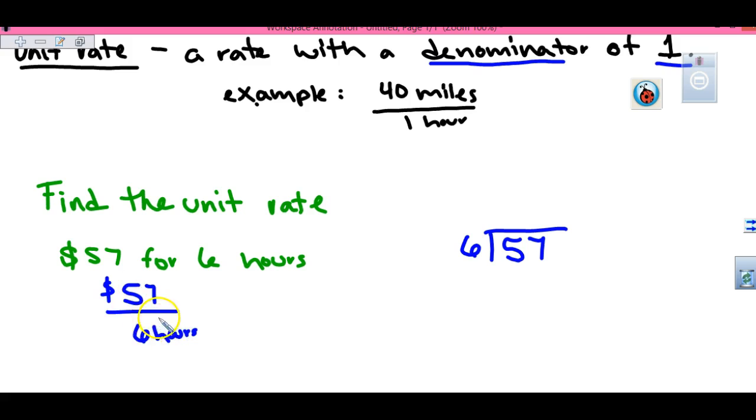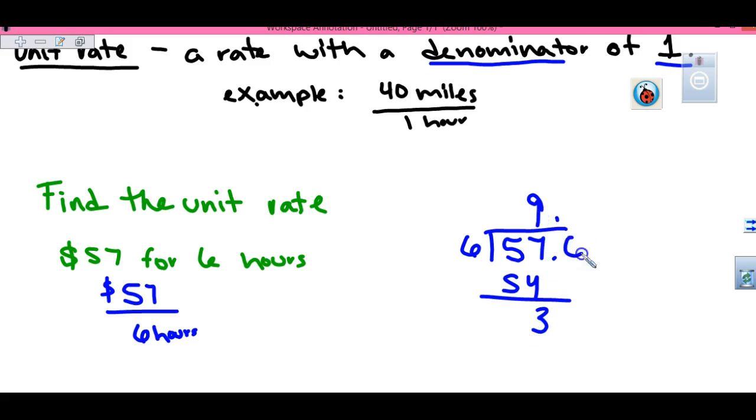So to make this a unit rate, we need to have a 1 in the denominator, and that's why we have to divide. 6 goes into 57 how many times? 9. 6 times 9 is 54. 7 minus 4 is 3.